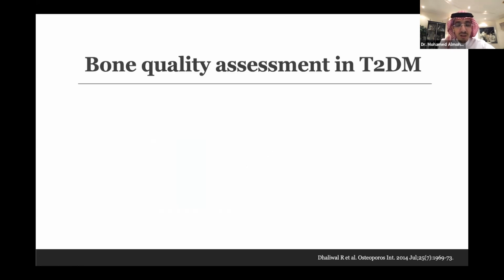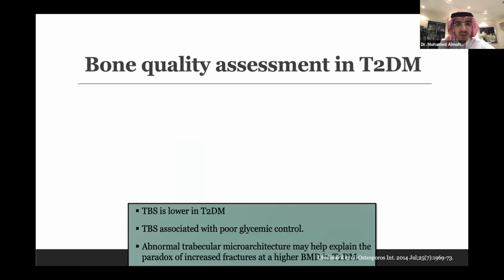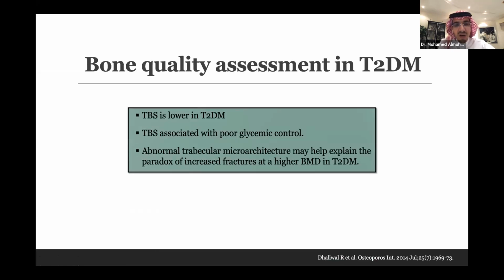So again, Dilwale and his colleagues summarized their finding that the TBS is lower in type 2 diabetes and is associated with poor glycemic control in general, which might explain in part the increased fracture risk with a higher BMD in individuals with type 2 diabetes.